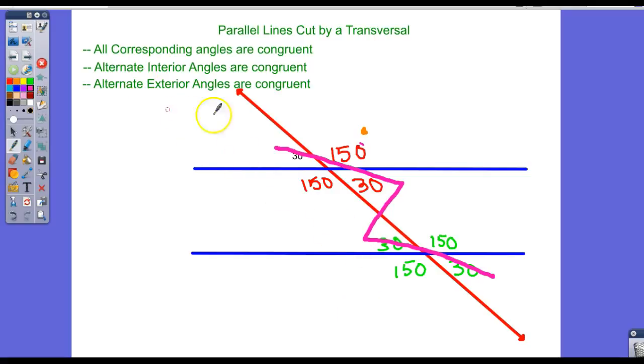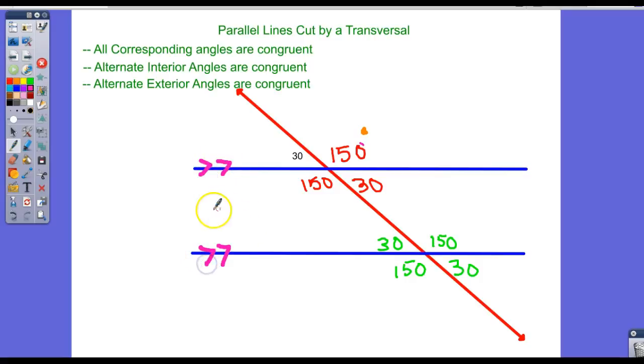That all results from the fact that all corresponding angles are congruent, all the ones that are in the same spot. And then alternate interior angles are congruent, the ones that are across from each other on the inside. And then alternate exterior angles are congruent, all the ones that are across from each other on the opposite side. Results in the zigzag, all these congruencies are true when I have parallel lines that are cut by a transversal.